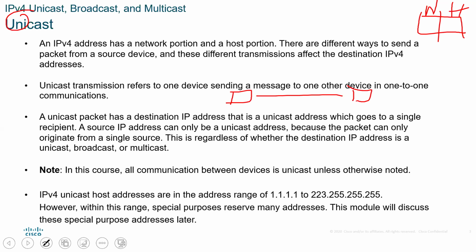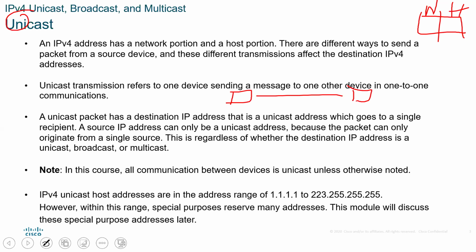So anywhere you go, maybe you work, you have your staff number, or you have your driver's license number, or you have your BVN number. All those numbers or NIN number, they are unique. So a device that must communicate over the network must have that number, right? And that's where we talk about IP address.